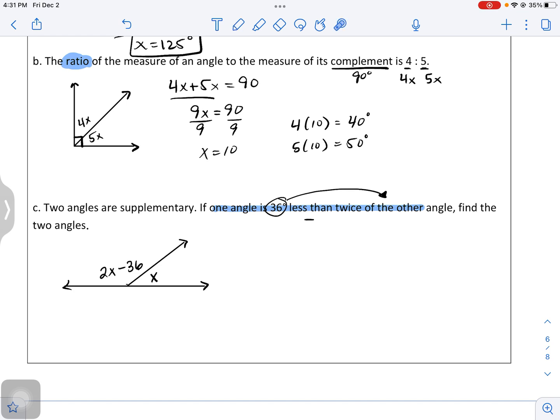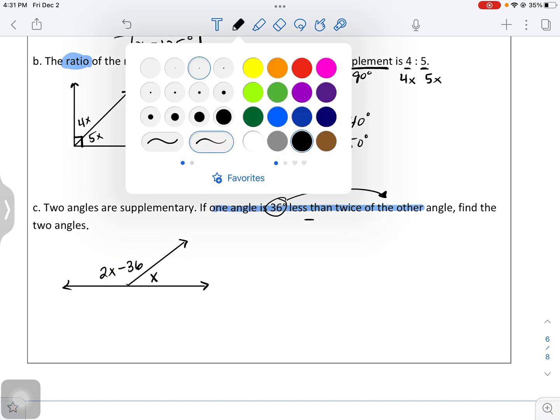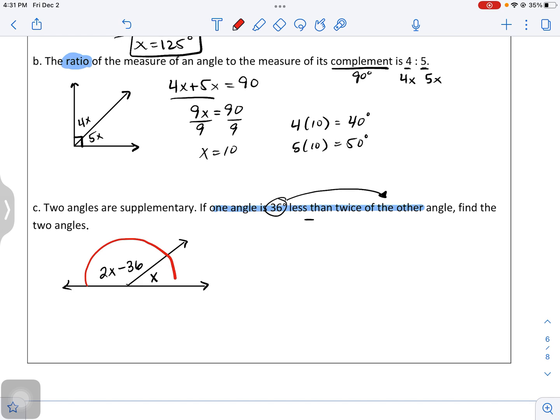So this right here is how we write 36 less than twice the angle. What I do know is that these two angles added together equal 180 degrees because it's a straight line, or I can make that half circle. So I do 2x minus 36 plus the x equals 180 degrees.